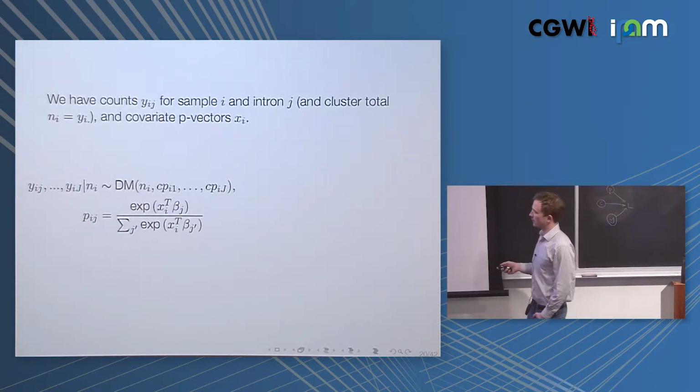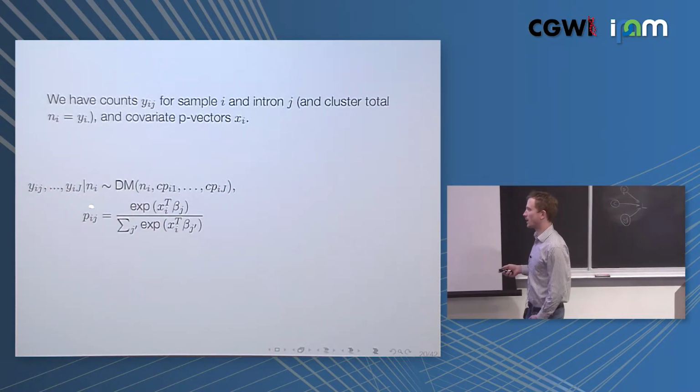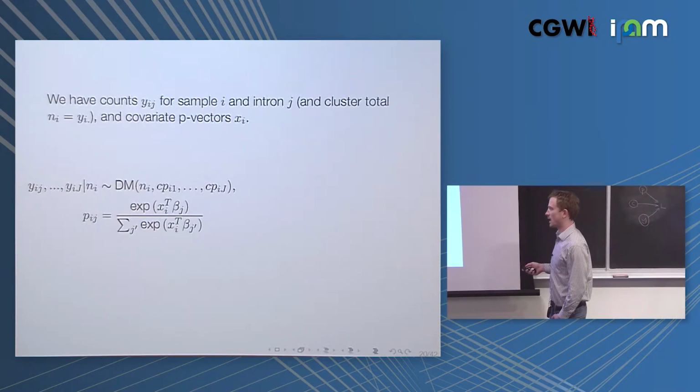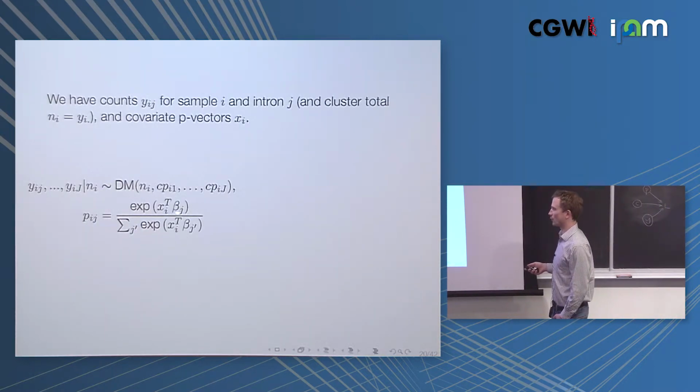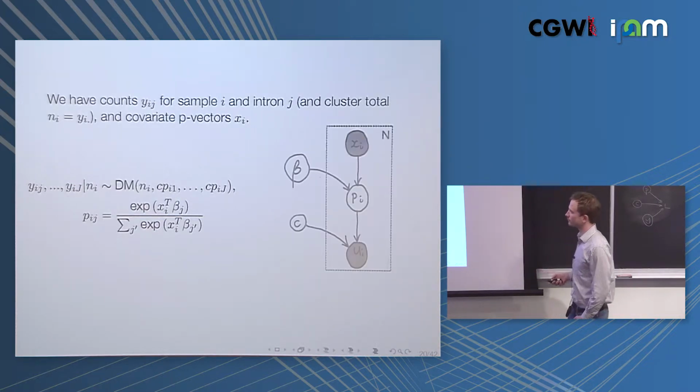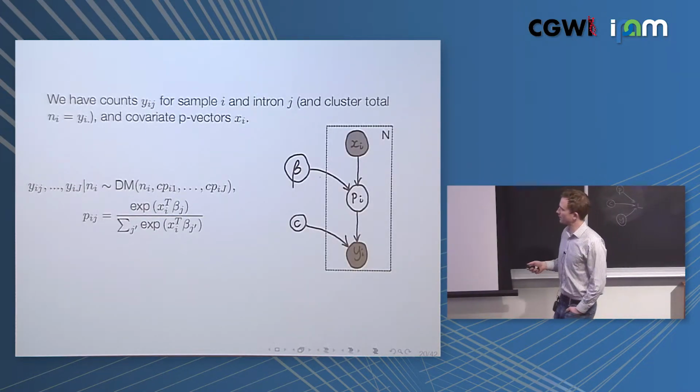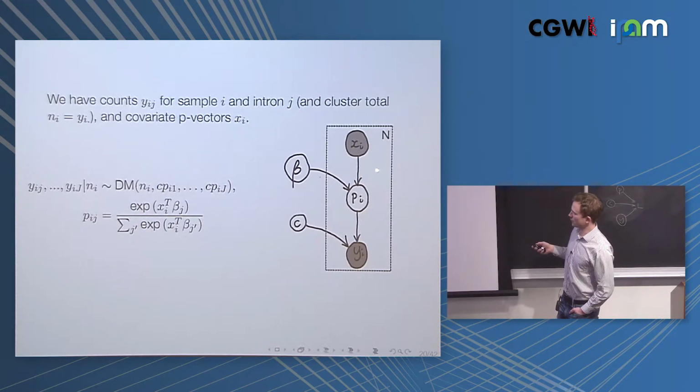So all we're going to do is say that our counts y are Dirichlet-multinomial distributed, and do the normal regression, x in a product with a regression coefficient beta. But we stick these through a softmax function just so that these p's are going to be a valid probability vector.